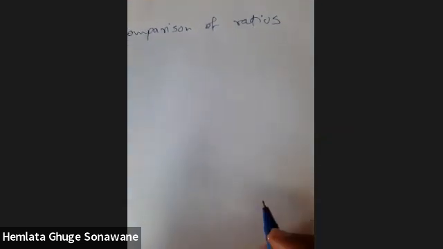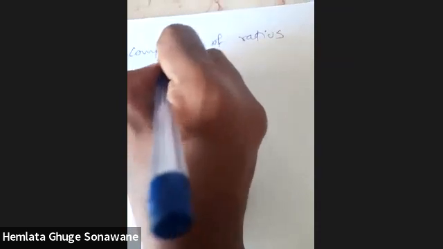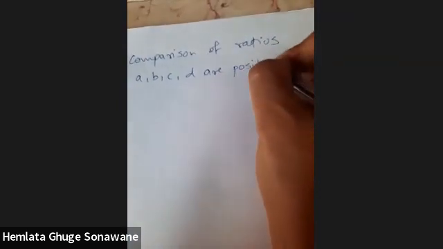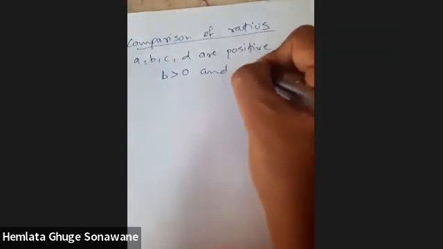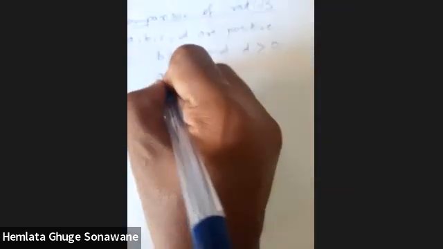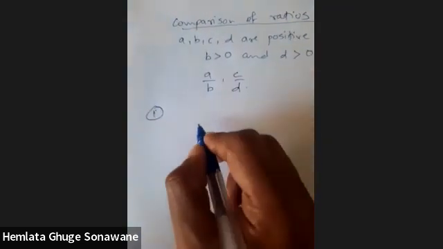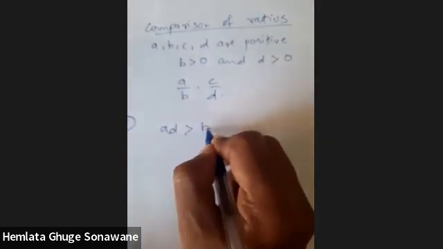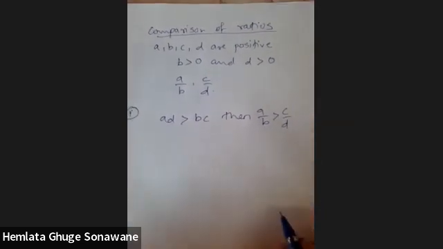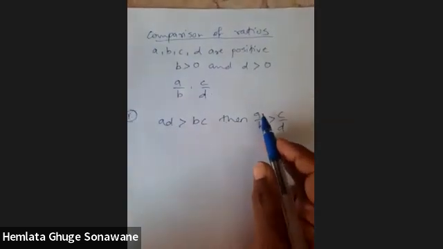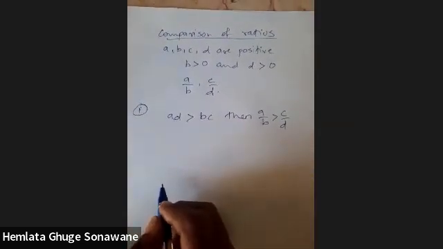If the numbers A, B, C, D are positive, okay, where B is greater than 0 and D is also greater than 0, then we have to compare A upon B and C upon D. The first rule is, if A into D is greater than B into C, then A upon B is greater than C upon D. If we do cross multiplication, then the ratio A upon B is greater than C upon D. This is the first rule of comparison of ratios.